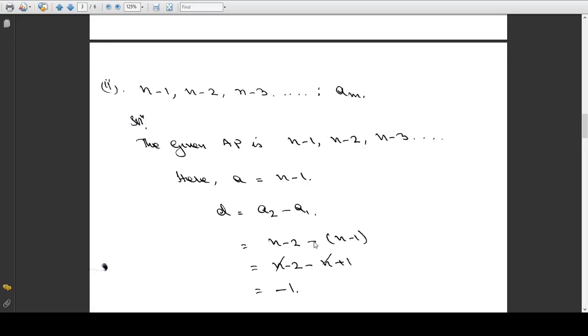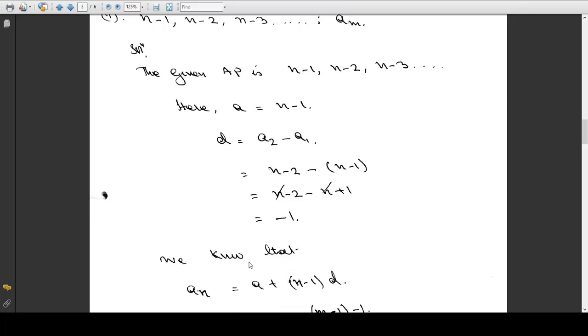On multiplying, minus with plus is minus, minus with minus is plus: n minus 2 minus n plus 1. Here n is positive, n is negative, n minus n is 0, so you can cancel these two, and what remains is minus 2 plus 1. Plus with minus is minus, 2 minus 1 is 1, and the minus sign is greater, therefore you have minus 1 as the common difference of this AP.